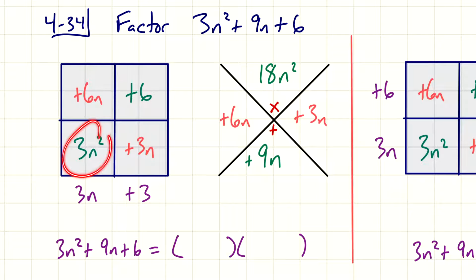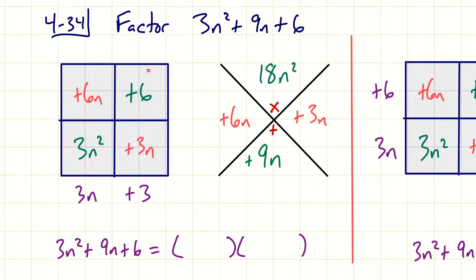So 3n squared, plus 6, that came from the original, plus 9n. I'm not going to go over the basics of how to set this up because that's in the previous videos. Hopefully at this point, I'm assuming you know how to set up your area model and the X as well. So all these numbers came from the original problem.